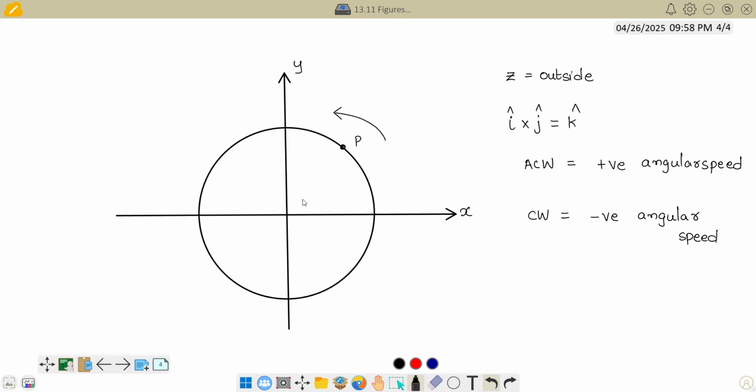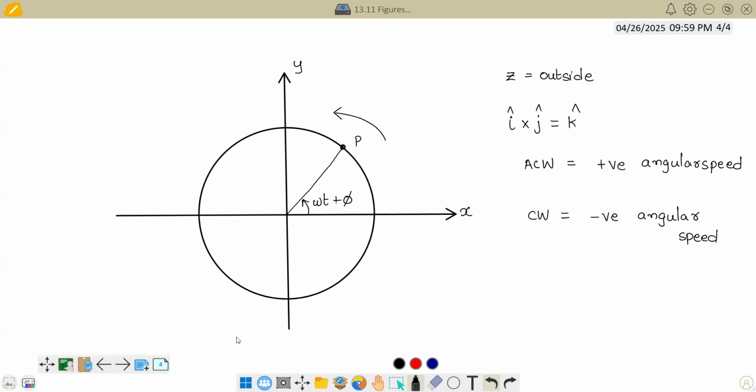Imagine this is the position P of the particle, and we measure the angle with respect to the positive x-axis. Remember, you always measure the angle with the positive x-axis. Let us take this value as omega t plus some initial value phi.